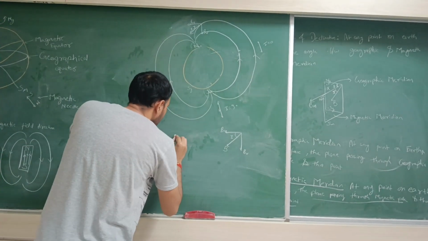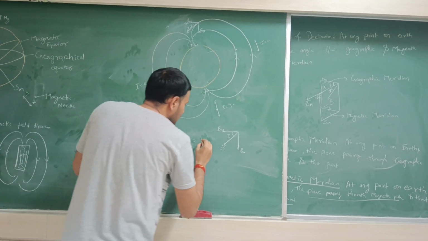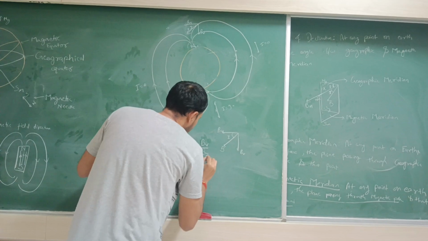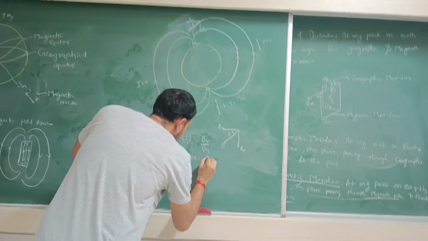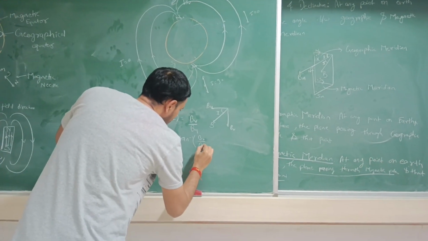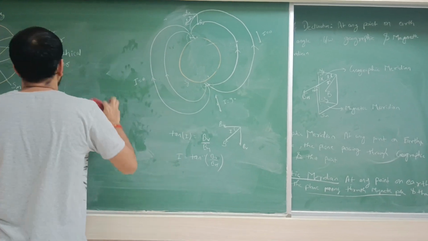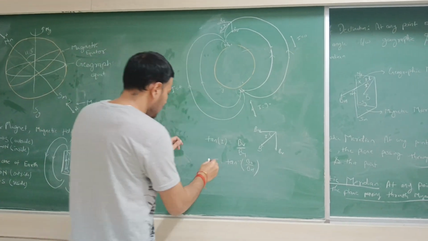Then tan I is equal to BV by BH, and I is equal to tan inverse of BV by BH. This is the formula to find the angle of dip.